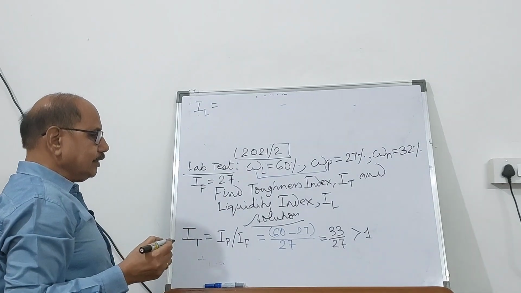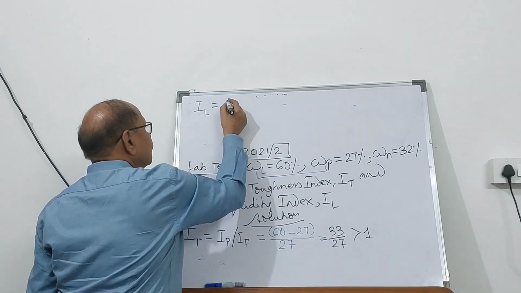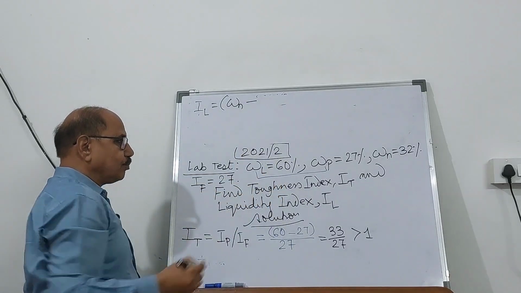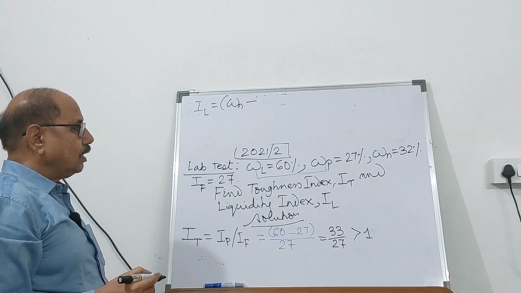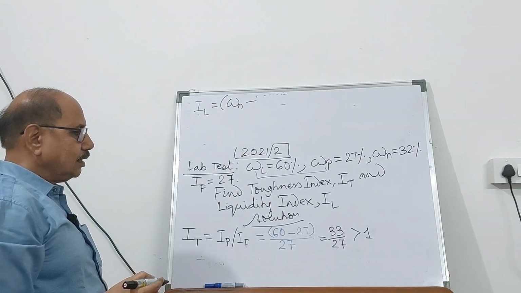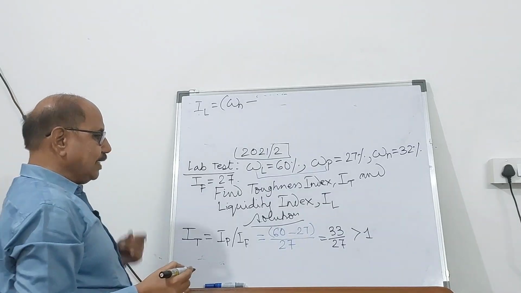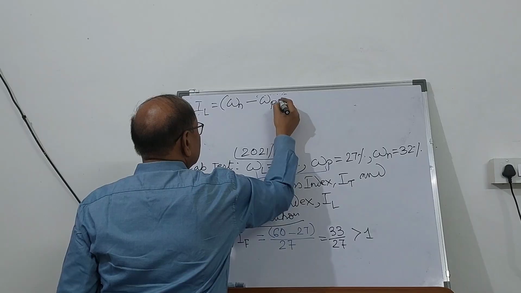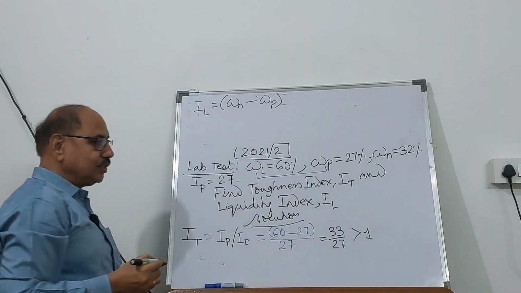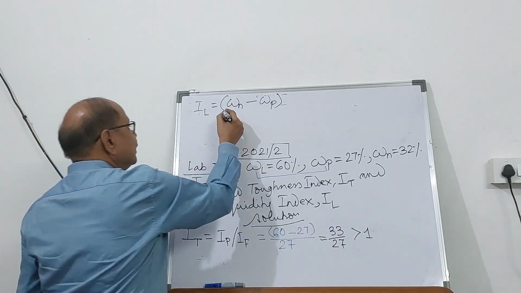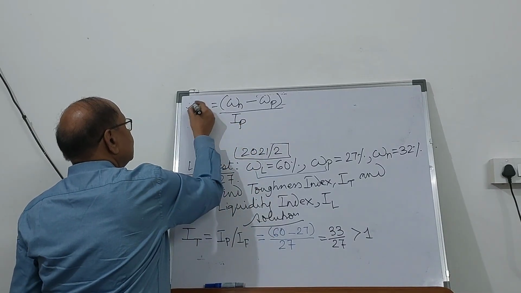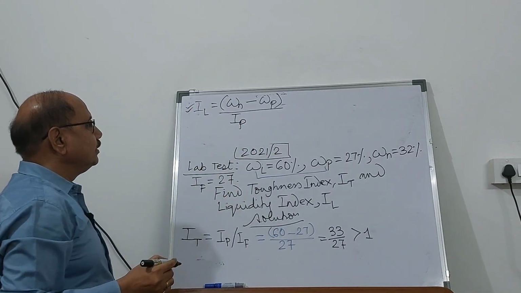So liquidity index is the natural moisture content, that is given in the problem as 32%, minus the plastic limit of the soil, divided by IP, the plasticity index. This is the formula for liquidity index.